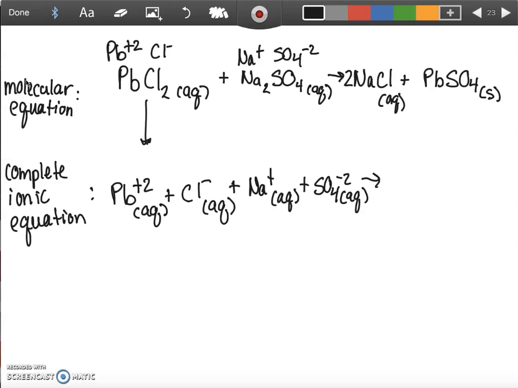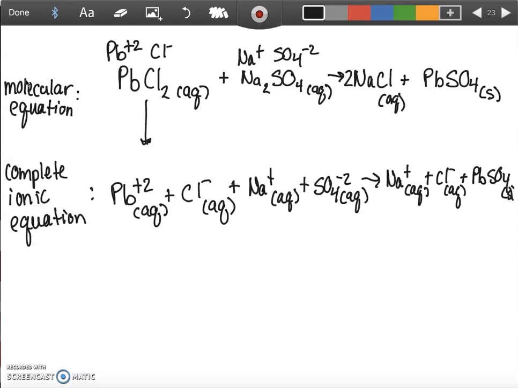Reacts to form NaCl, which is aqueous, so that's going to form Na+ aqueous plus Cl- aqueous, and then the lead sulfate remains solid.